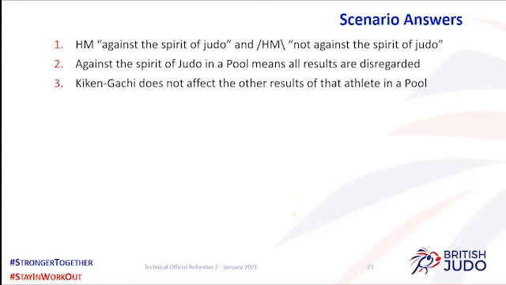Number 3, kikengachi does not affect the other results of that athlete in a pool. So if someone withdraws for any reason during a match, it does not affect any other results in the pool. They just lose that match by 10.